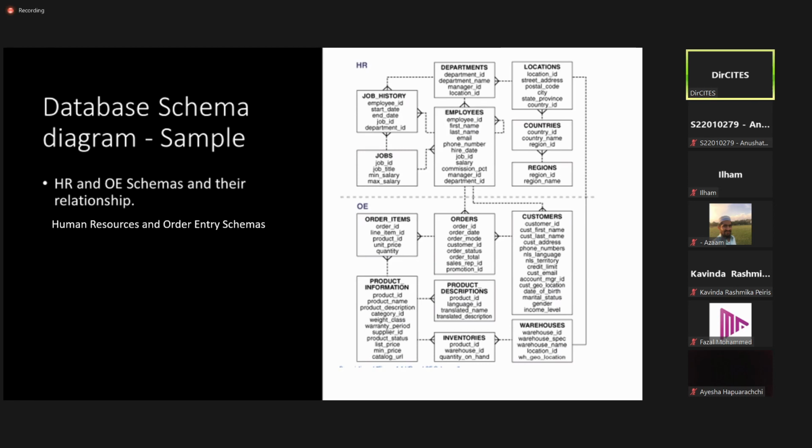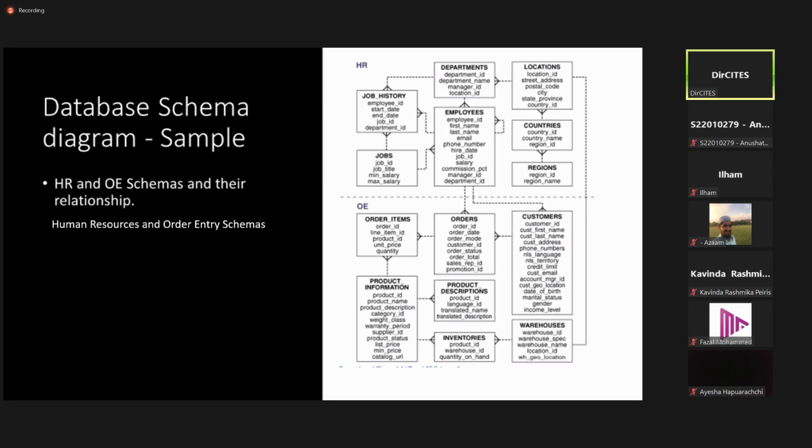Okay. In your textbook also, they have given this crow's foot method for ER modeling, but we are learning another method, which is now being used. In the industry, they can use both the crow's foot method and Chen's notation, which we are learning.